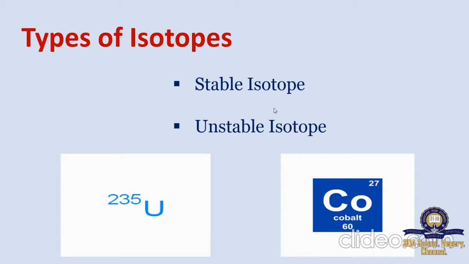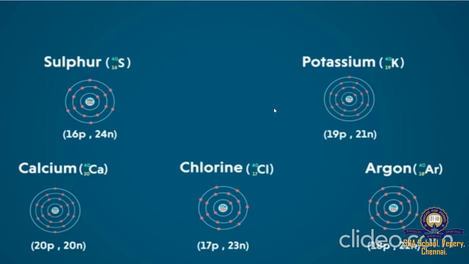So now let us consider five elements, like sulfur, potassium, calcium, chlorine, and argon. Now when you observe the mass numbers, they are given along with the atomic numbers. For sulfur it is 40 and 16. For potassium it is 40 and 19.